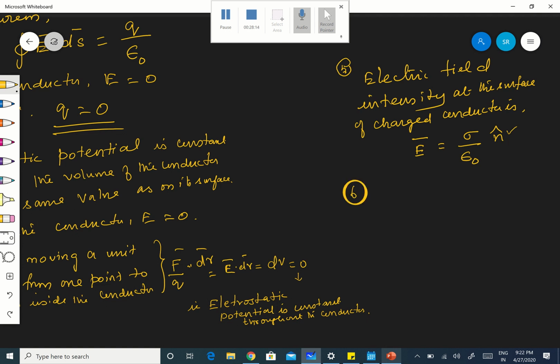See, surface charge density is different at different points if the conductor is irregularly shaped. Okay, what is that?